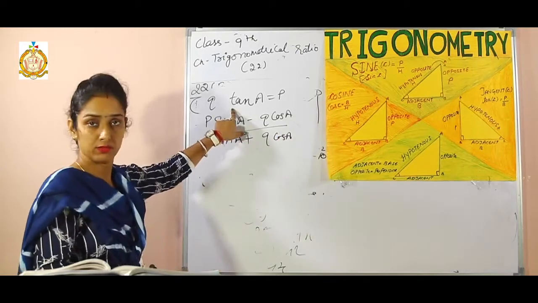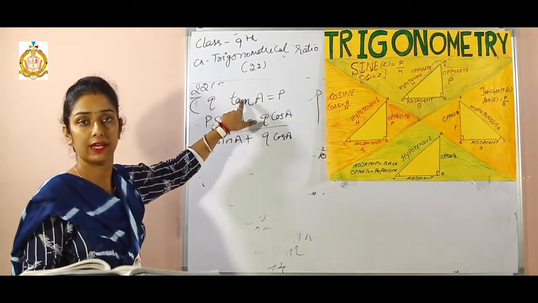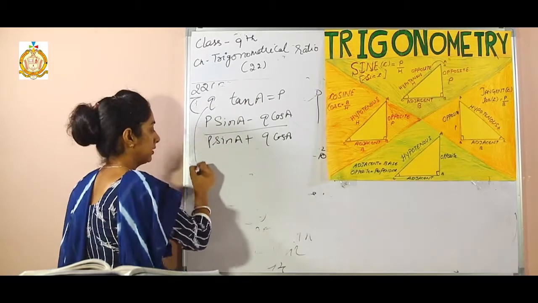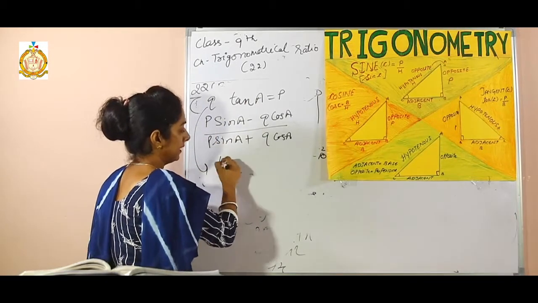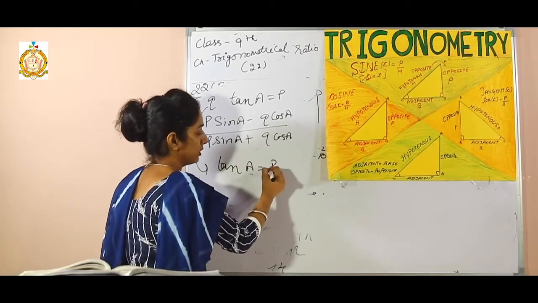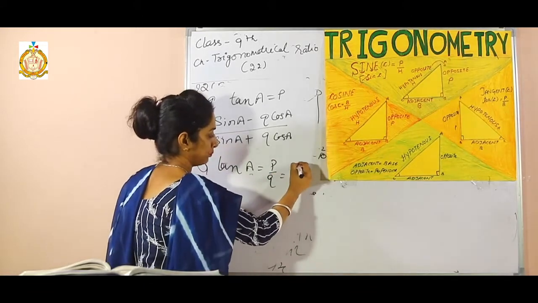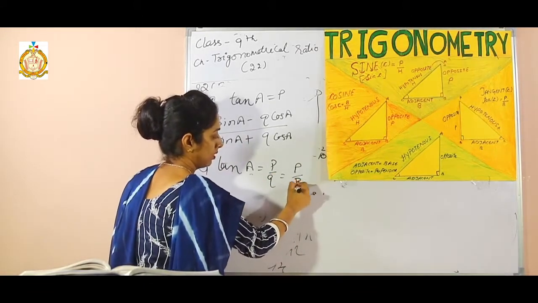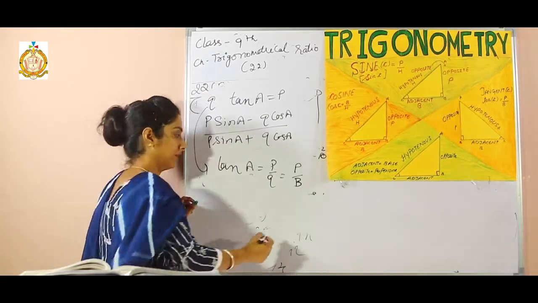See students, what is given? Q tan A is equal to P. Now tan A is equal to P over Q, which is P over B.